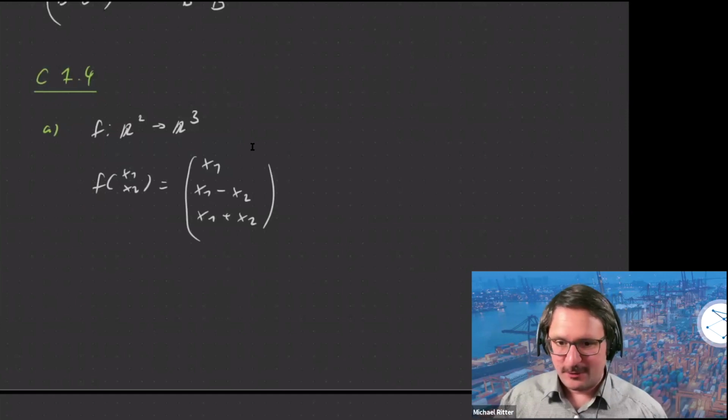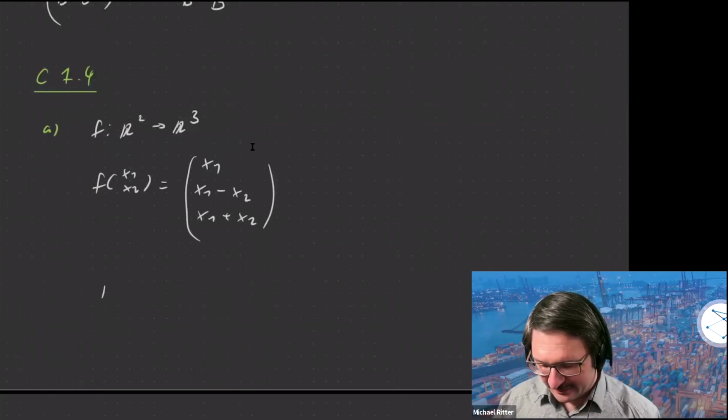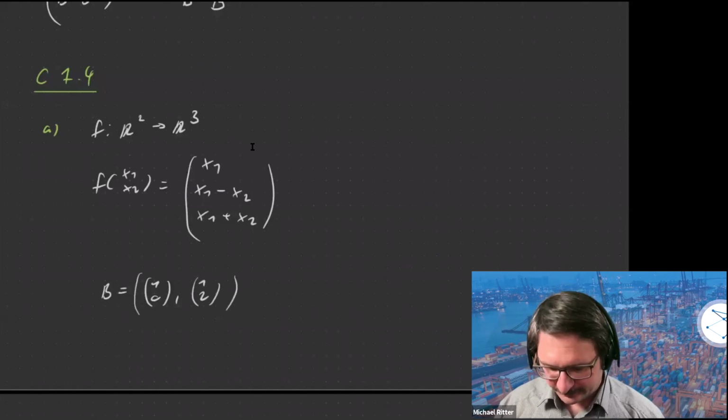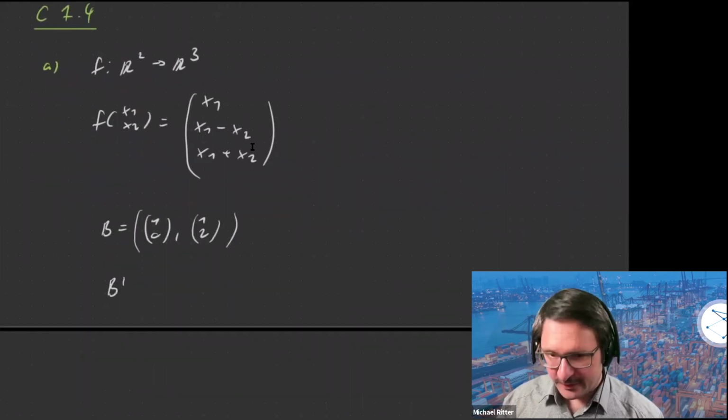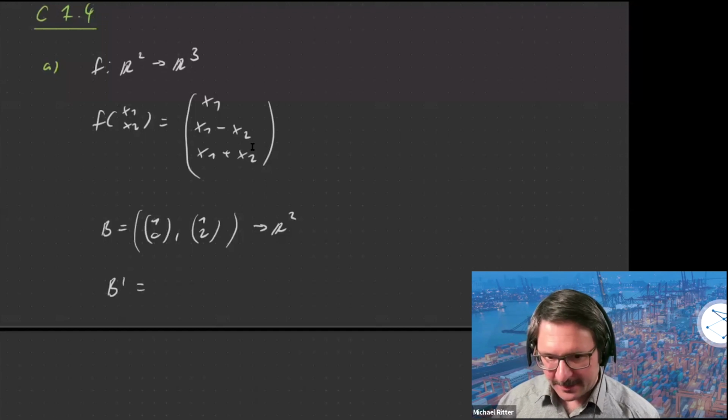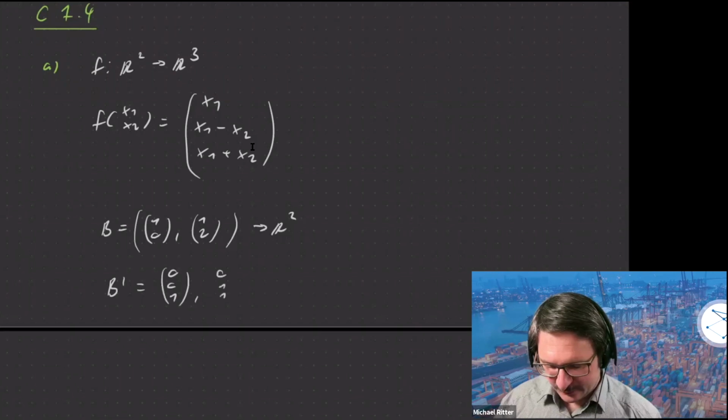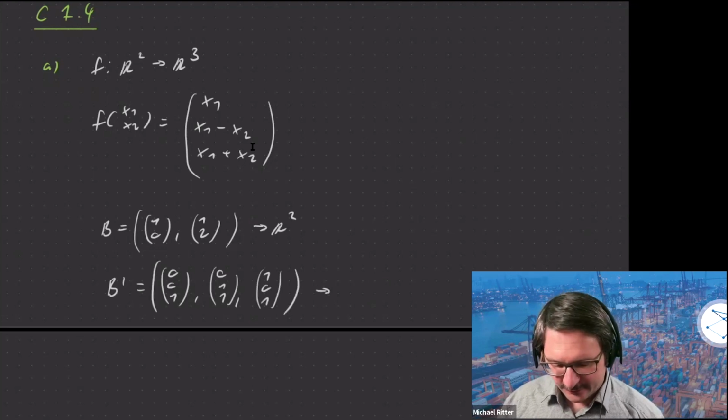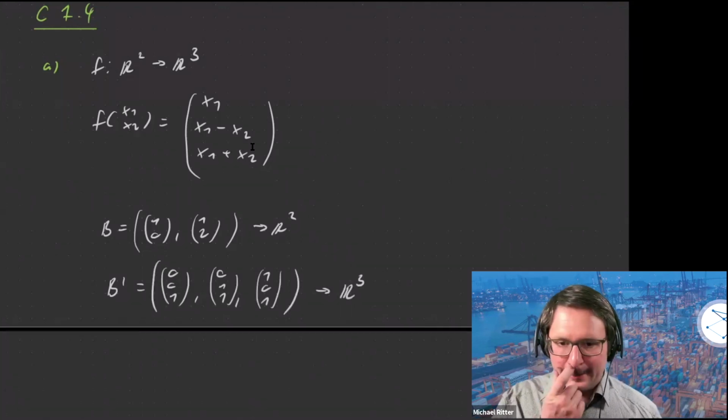We can't do with the same one. So here we have B equal to (1, 0) and (1, 2). That's the coordinate system for the domain, obviously. And we have B prime, that is (0, 0, 1), (0, 1, 1), and (1, 0, 1). And that is a coordinate system for the codomain R3.